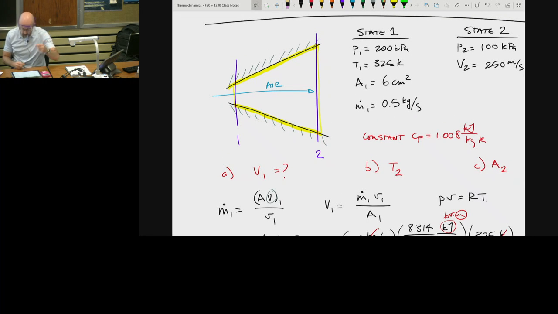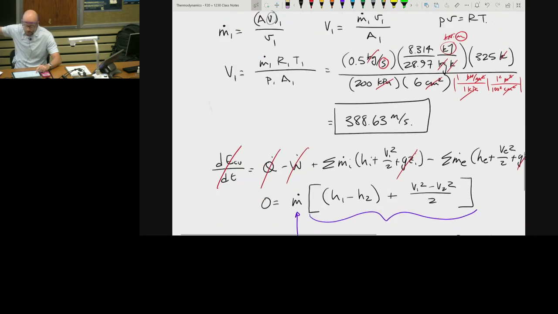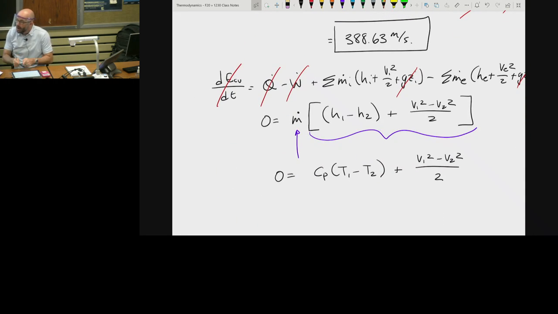It goes from 200 kilopascals to 100 kilopascals. And then they convert C sub P to C sub V and put that in the equation. And it's completely wrong. Don't worry that this is not a constant pressure problem. It has no bearing on this. Delta H is always C sub P delta T, no matter what. Delta U is C sub V delta T. It does not matter if the problem is constant pressure or not. You need to make this replacement.